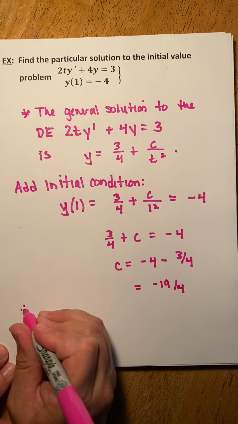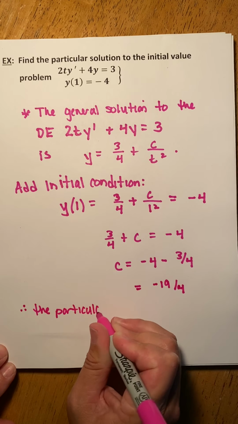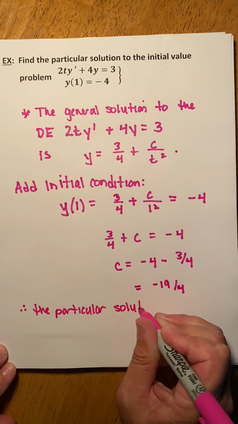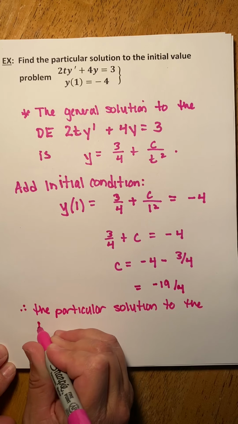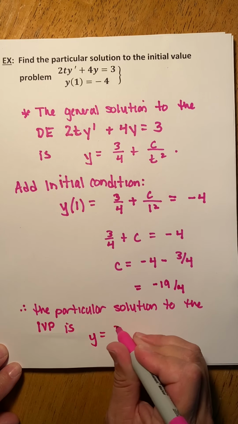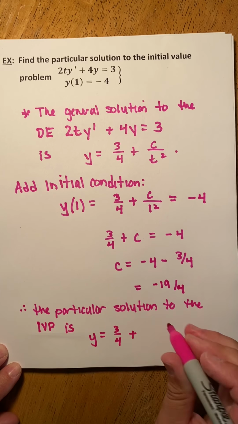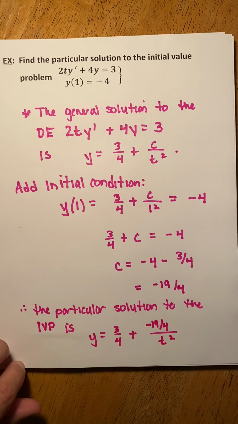So therefore, we say the particular solution to the given IVP, initial value problem, is, well, y is equal to 3/4 plus c, which is -19/4, all over t squared.